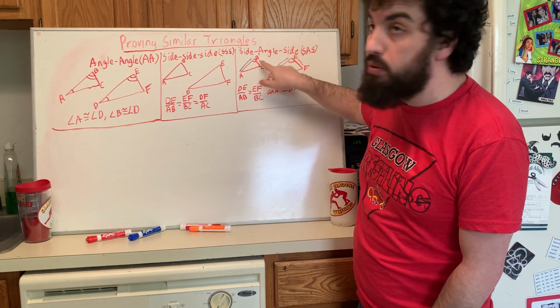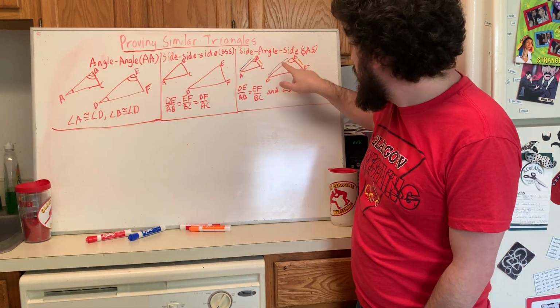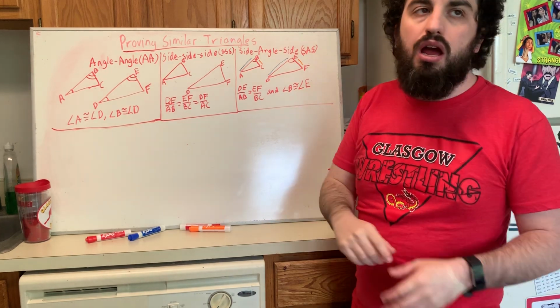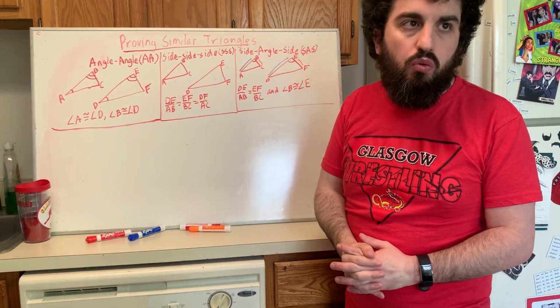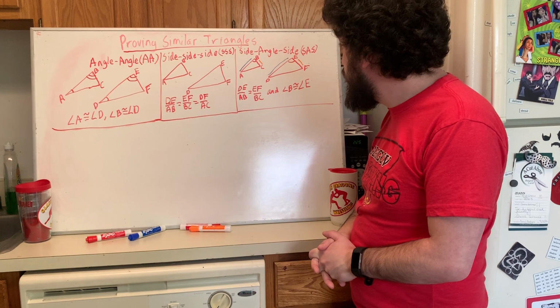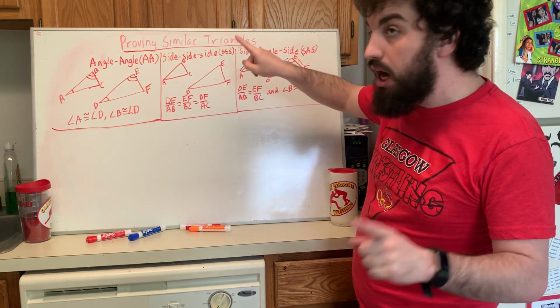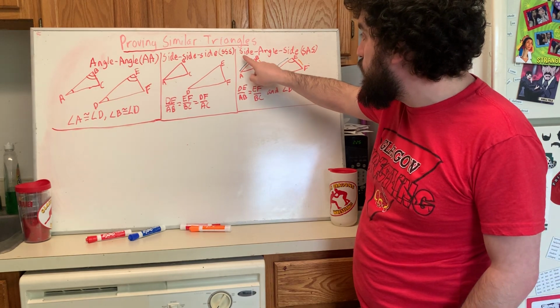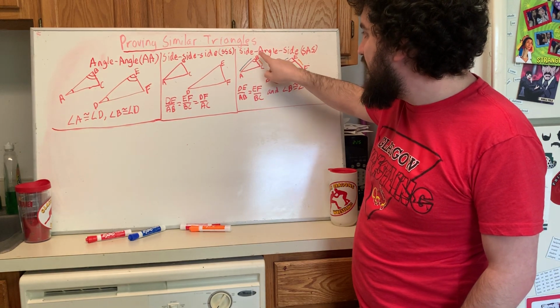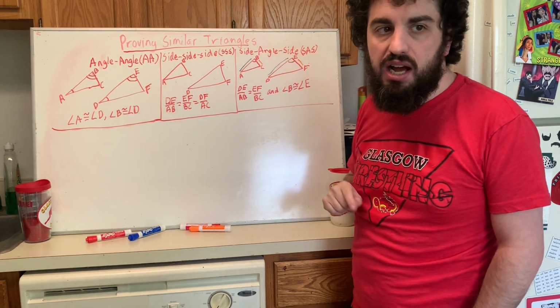I could really play with this angle B and E in between and really make some wild and different results. So we are only going to combine angles and sides in the following way for similarity: side, angle, and then side again.